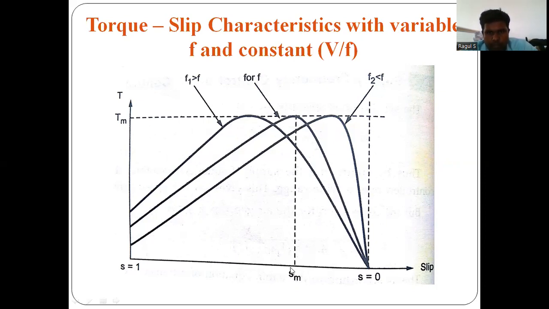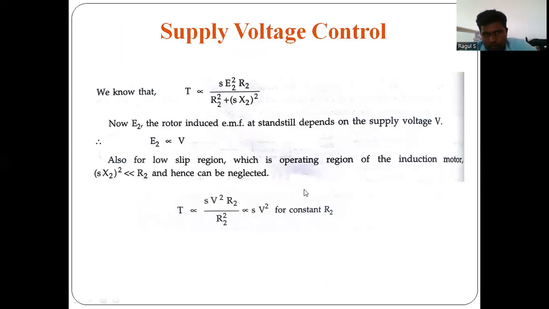After that, as the slip value increases, the torque value decreases. In this region, the slip is inversely proportional to torque. In this graph itself we can clearly see that before the maximum-torque slip, the slip is directly proportional to torque, and after that point, the slip is inversely proportional to torque. In these conditions, the maximum value of slip is 1.